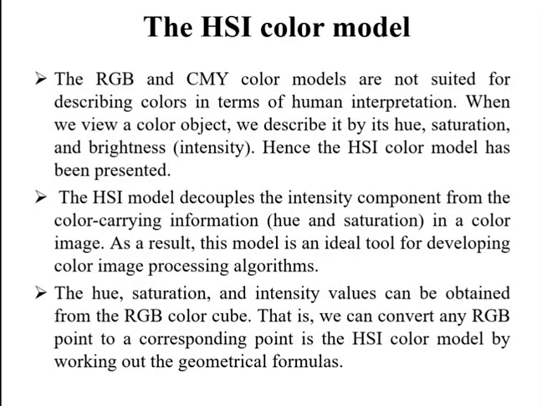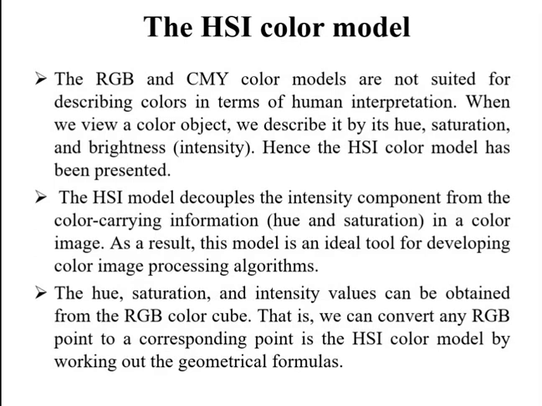Hue is the color attribute that describes a pure color, that is, a pure yellow, orange or red, whereas saturation gives a measure of the degree to which a pure color is diluted by white light. And brightness is a subjective descriptor that is practically impossible to measure.